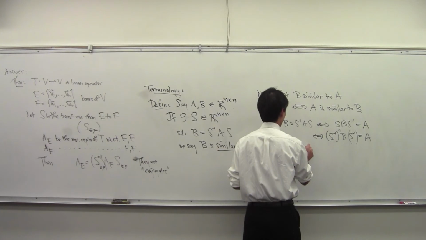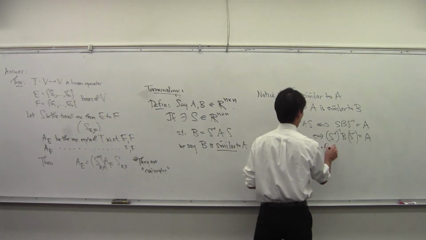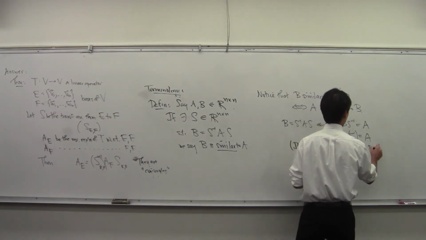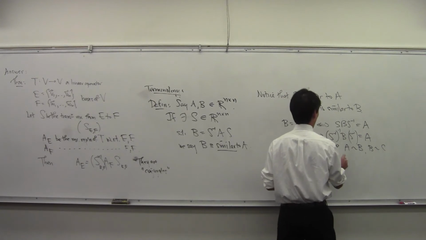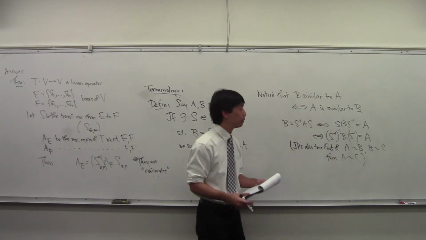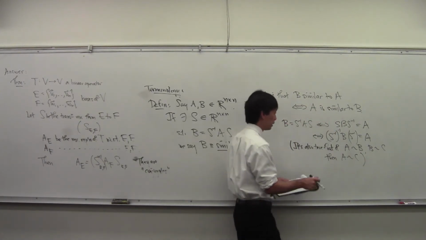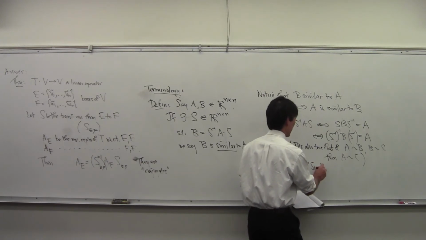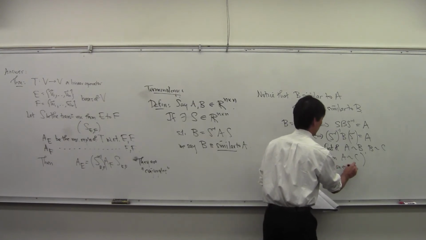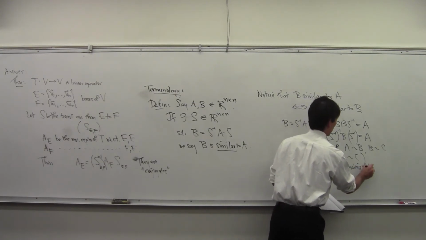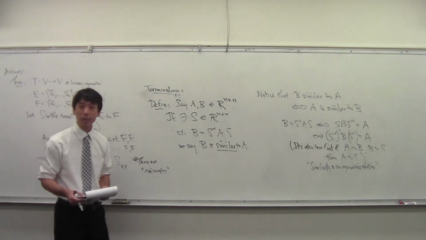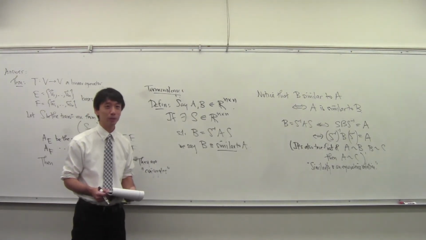It's also true that if A is similar to B and B is similar to C, then A is similar to C. So the way we say this is that similarity is an equivalence relation. Just like row equivalence, do you remember row equivalence was an equivalence relation?